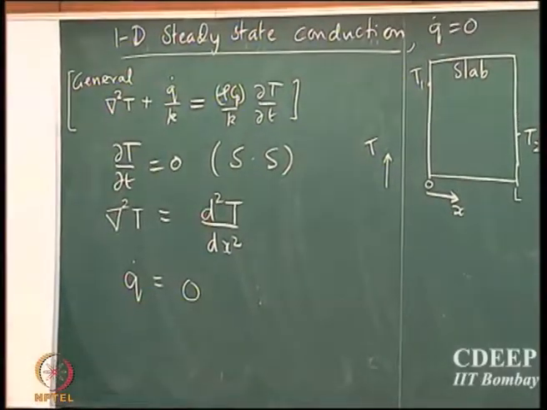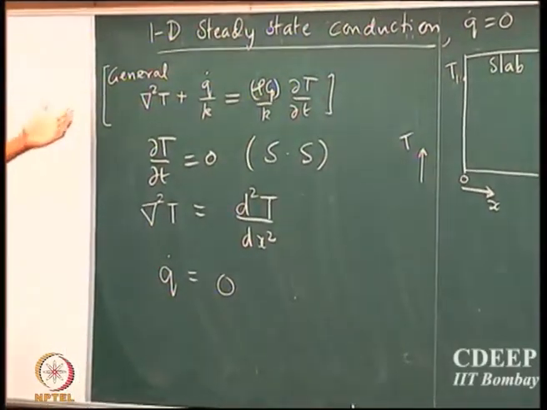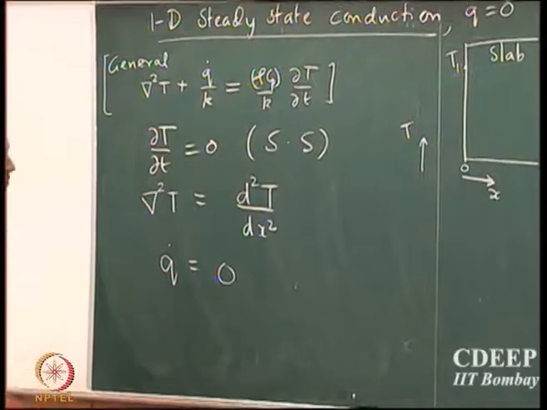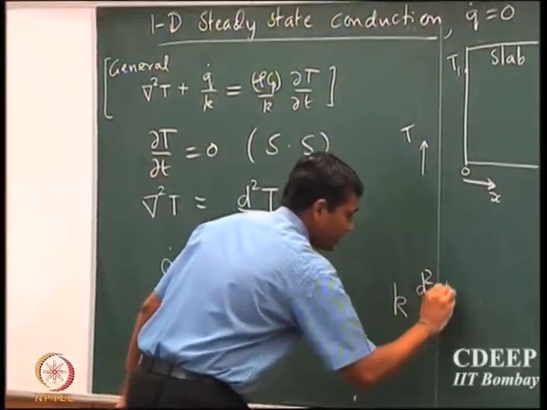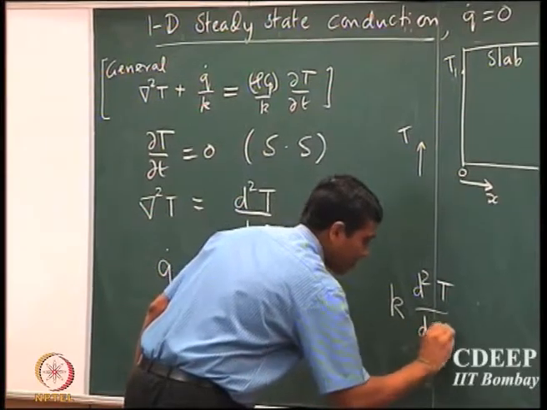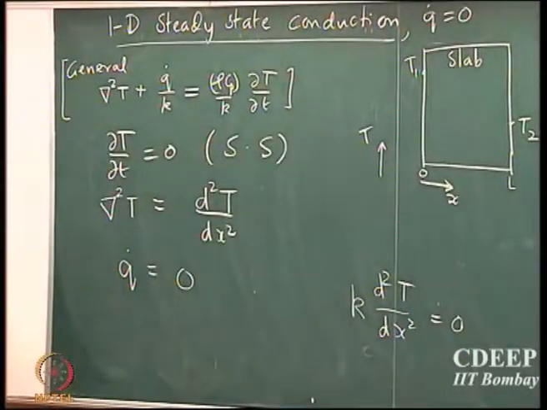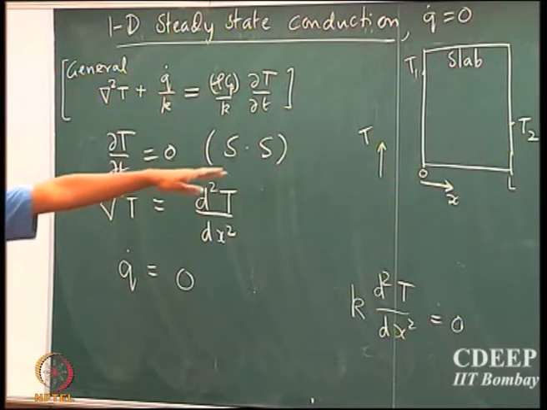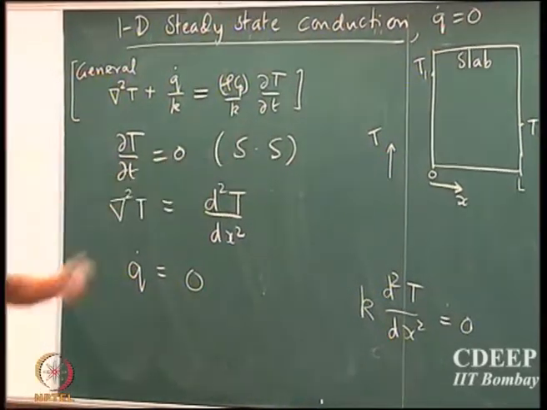These are the immediate translation of the assumptions we have made, and based on this we can write a simple model: k into d square T by dx square equal to 0. That is the simple model equation for the system we have considered, a 1D steady state conduction with no heat generation or heat loss.